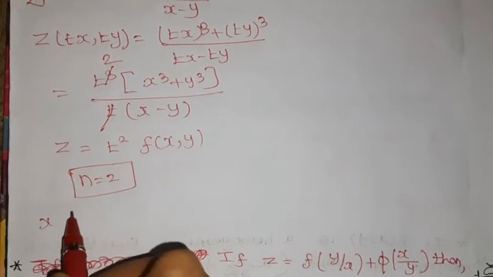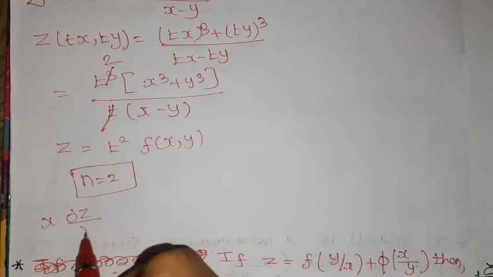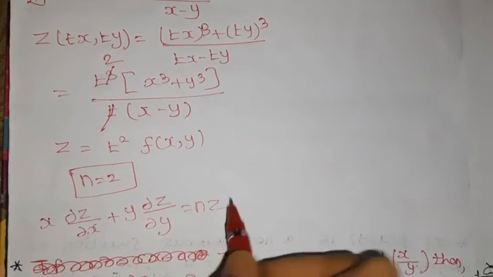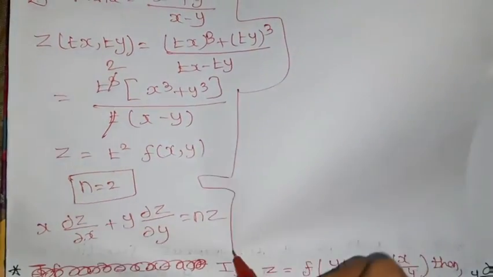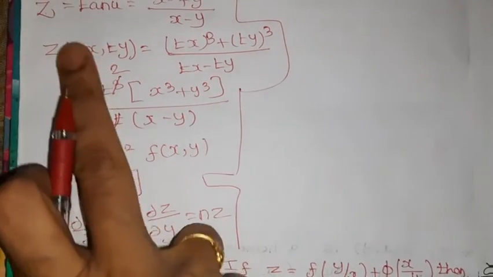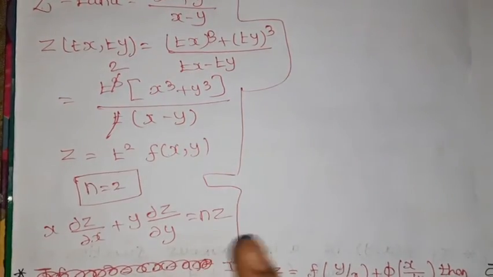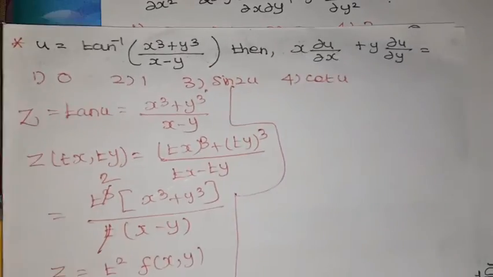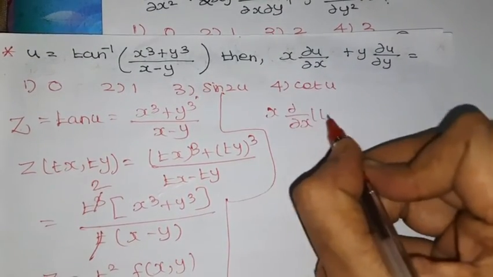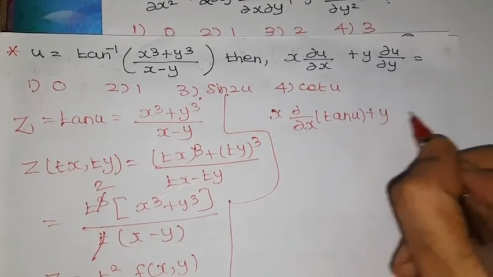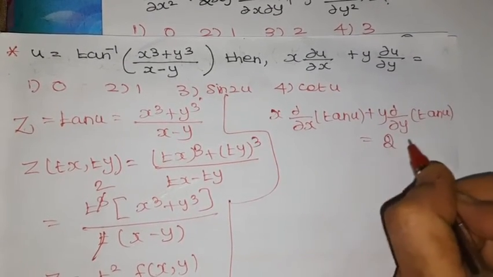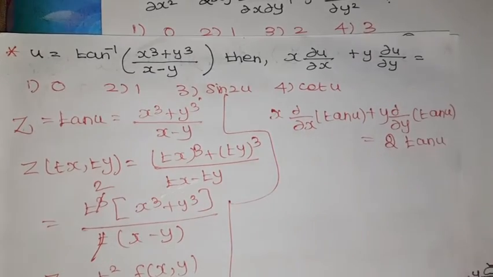Then what we need to do? x ∂z/∂x plus y ∂z/∂y equal to nz. Substitute n value, and z is nothing but tan u and n is nothing but 2. So substitute this. See, x into ∂/∂x of tan u plus y into ∂/∂y of tan u equals 2 into z. z is nothing but tan u, right?